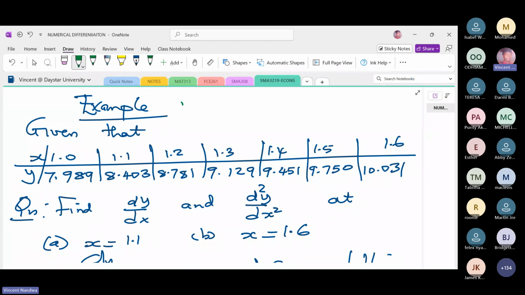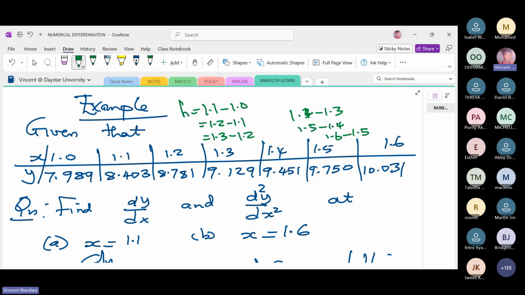What we normally call h is the distance between two values of x following each other, so the same as 1.1 minus 1.0, or 1.2 minus 1.1, or 1.3 minus 1.2, or 1.4 minus 1.3, or 1.5 minus 1.4, or 1.6 minus 1.5.